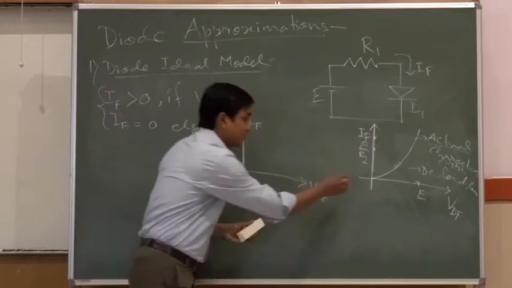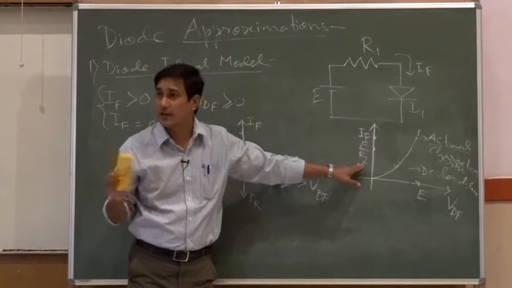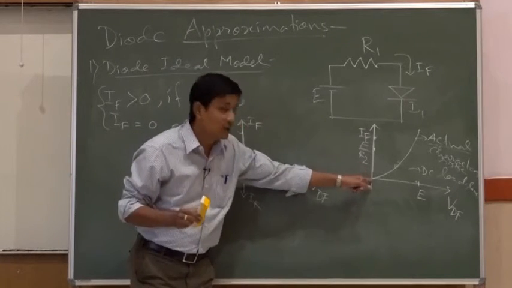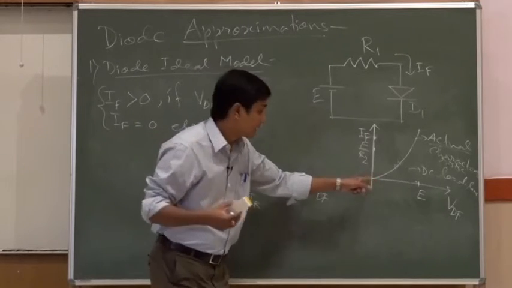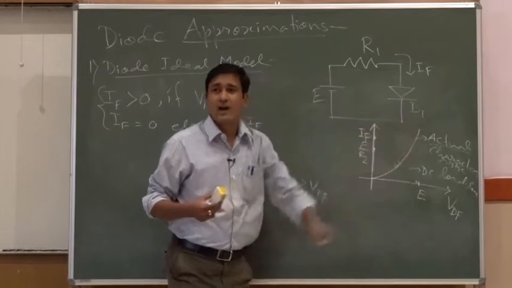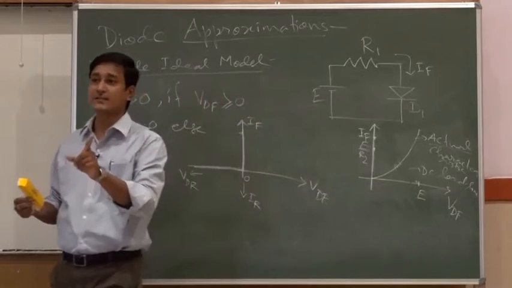Even though some reverse current you have seen in the actual model, that is considered 0 here. That means as if no current is flowing there. Now, the time it gets a forward voltage greater than or equal to 0, current starts flowing. So, even though some small current is flowing here, still I am considering that current is flowing there.